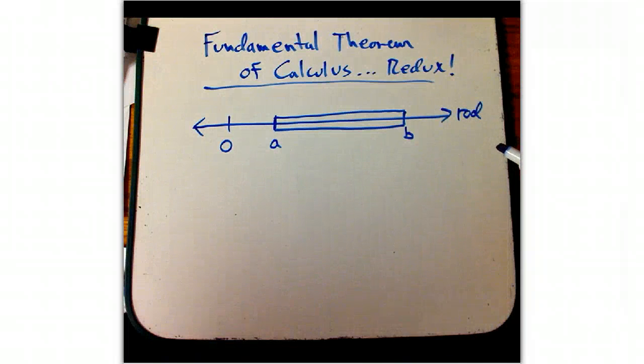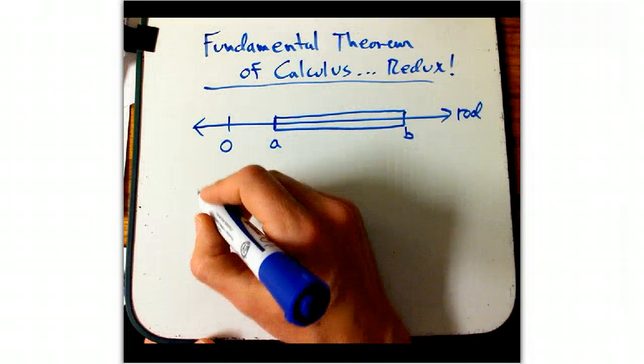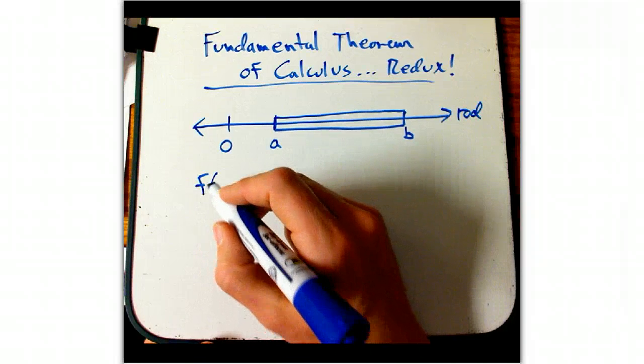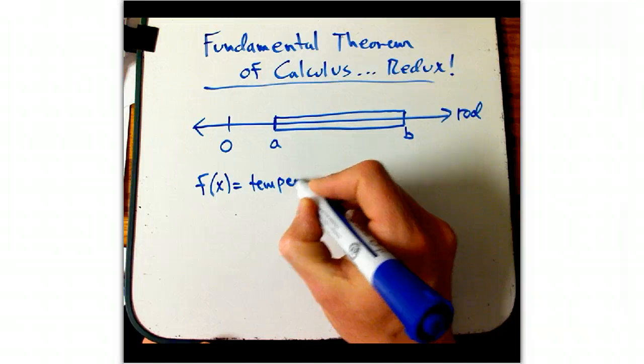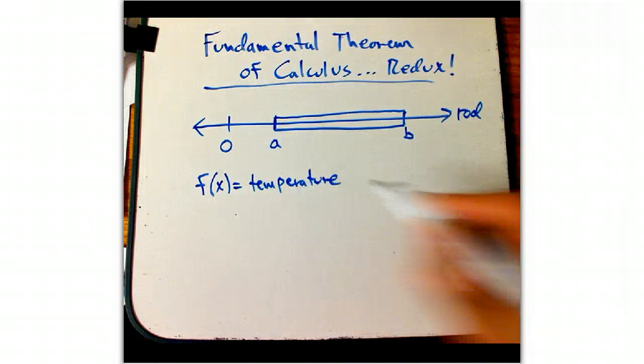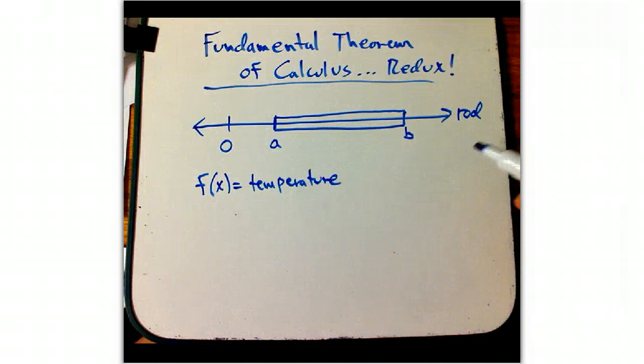And f of x is the temperature along the rod. One reason I'm picking that is I don't want to be very tempted to draw the graph of it. We'll draw the graph sometimes, but it's nice to have something where we don't feel like we want to draw the graph too much. I'm not focusing on the area interpretation, for one thing.